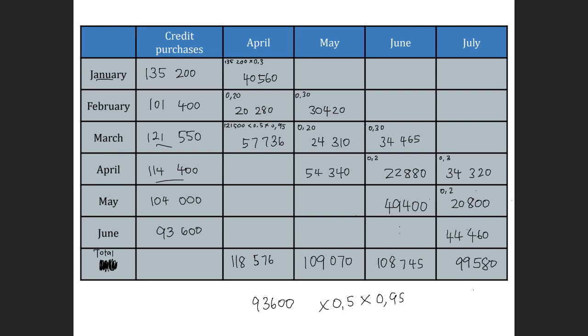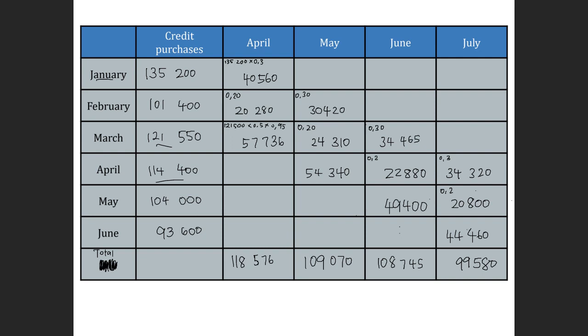And remember, I said to you, sometimes you might be asked to draw up a total schedule in terms of your purchases. So if you are asked to indicate total purchases instead of just the credit portion. So this table, remember, is a creditor schedule. It's showing you only what you owe your creditors, where you've purchased it and then you are paying over time.